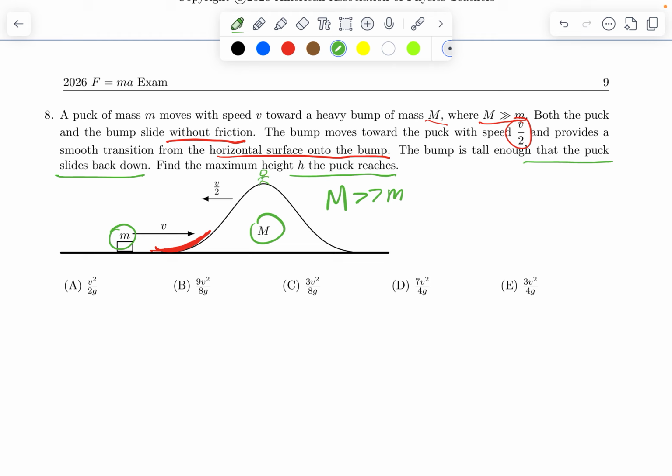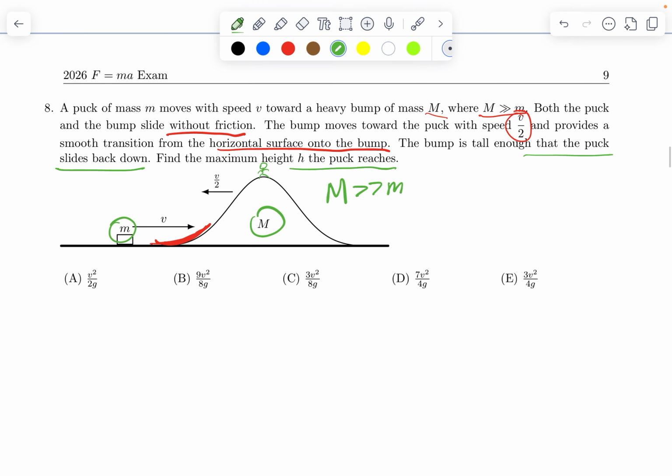And you look at this come towards you, then the relative velocity, you just add these together because you're working together to move closer, right? So it has to be faster. So the v relative is going to be equal to v plus v over 2, which equals 3 over 2 v.